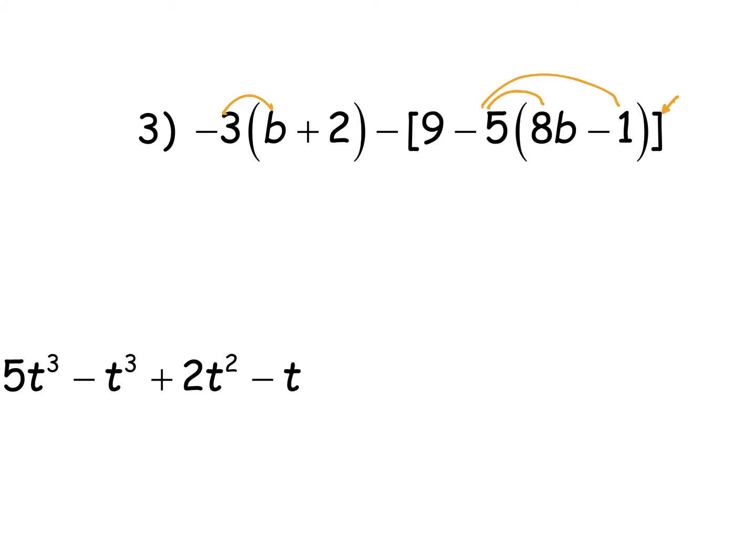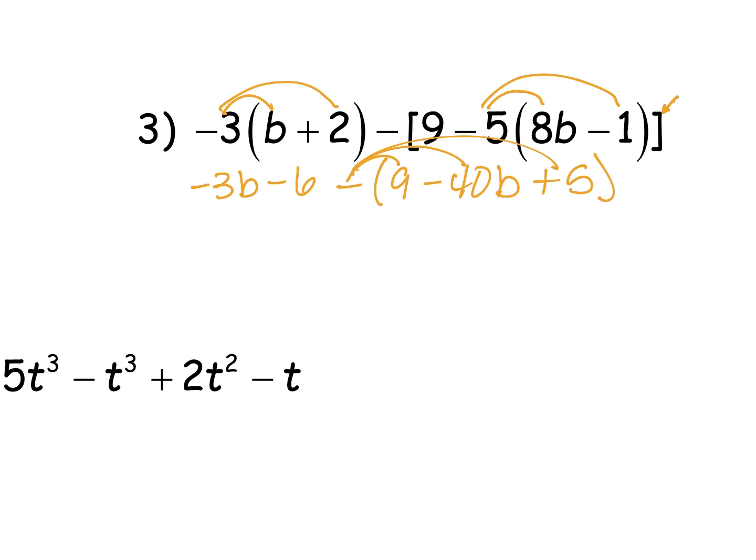And I'm just going to go ahead and do that because the negative 3 is just by itself. So I'm going to do that one. So I've got negative 3b minus 6 minus 9 minus 40b plus 5. And then I only have one parenthesis left, so that's the negative, which I'm going to distribute again.